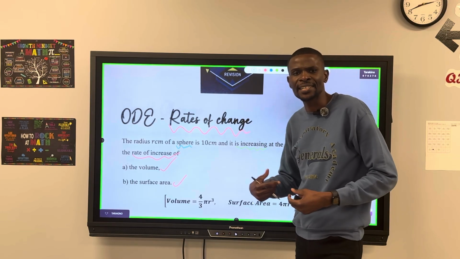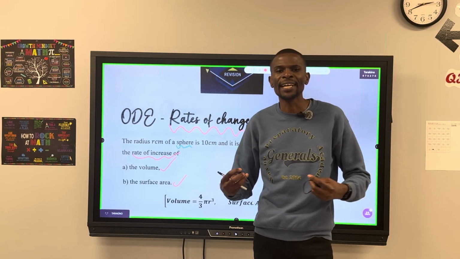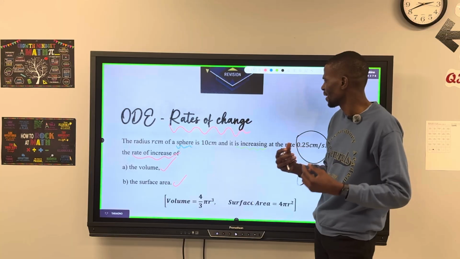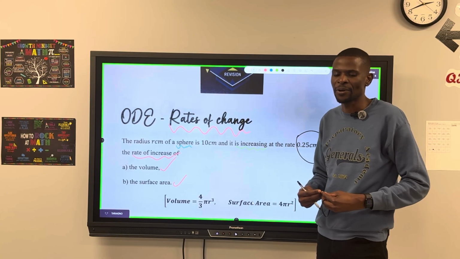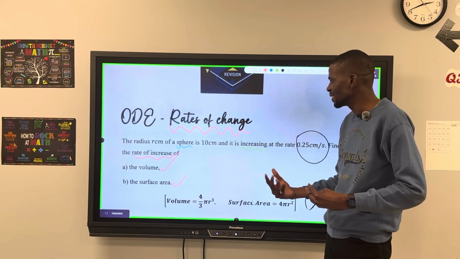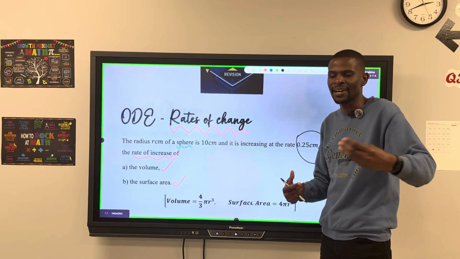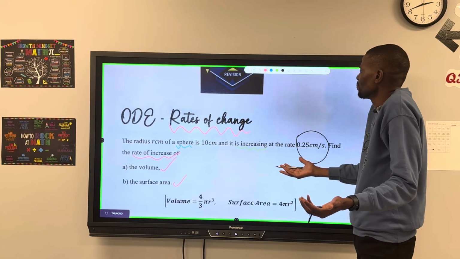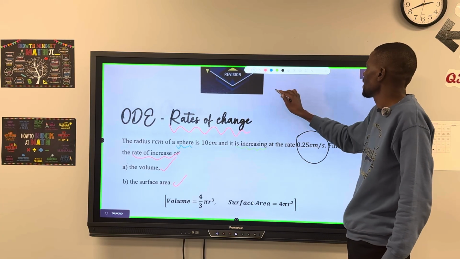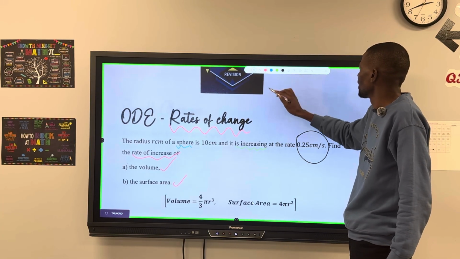But before we do that, guys, we need to understand what rates of change is. Rates of change just tells us how a quantity changes as we change another quantity. For example, we might have a relationship between the area of a circle and its radius.